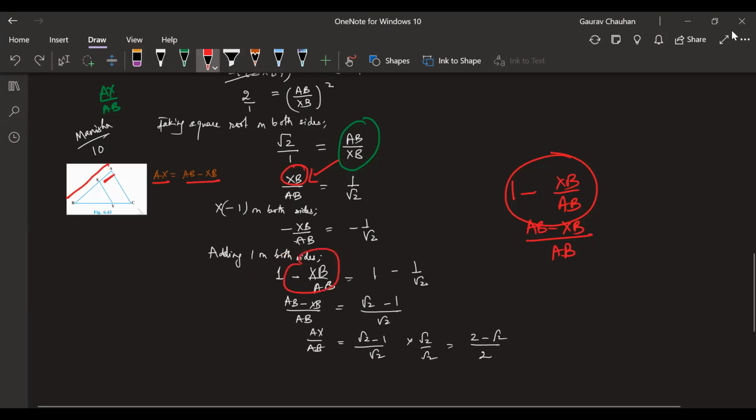This was already there, minus XB. So when I take the LCM, I will get AB minus XB in the numerator. That will give me AX. AB I already have in the denominator. Whatever is happening on the right hand side, let it happen. Just follow proper maths. Finally, you will reach a number which is the ratio of AX by AB.